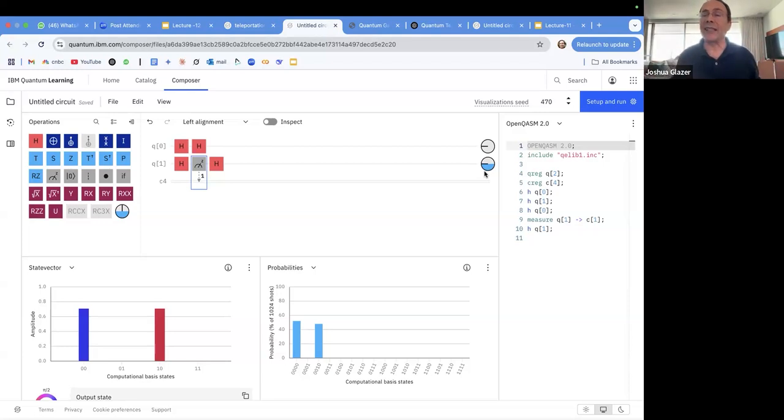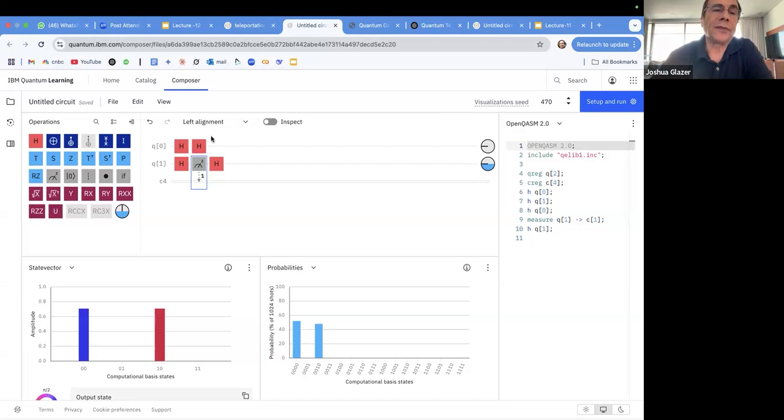But since I didn't say anything, I have 50% of measuring two reds and 50% of measuring two blues. So the wave function of this crazy situation, according to Bohr, is 1 over square root of 2 red red, 1 over square root of 2 blue blue. That's the wave function. I know it's crazy, but we'll show it more mathematically in a minute.